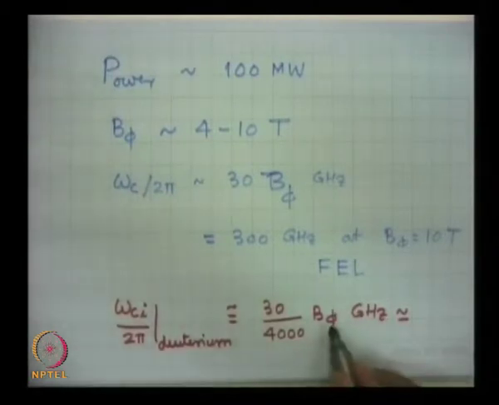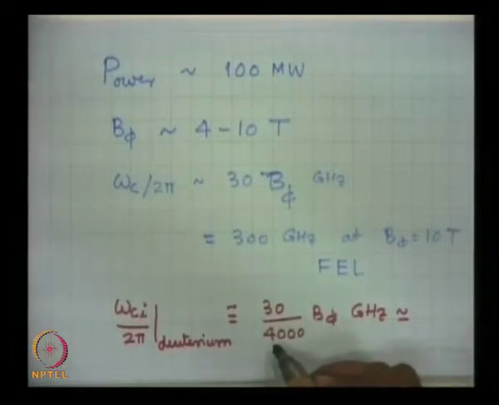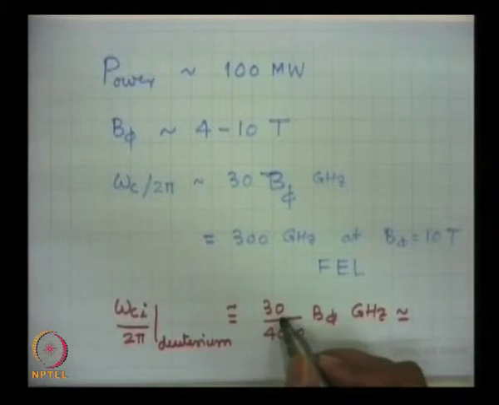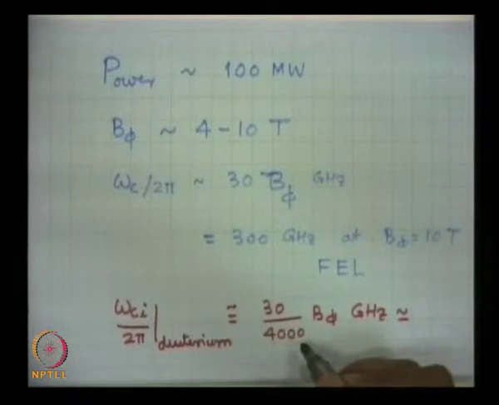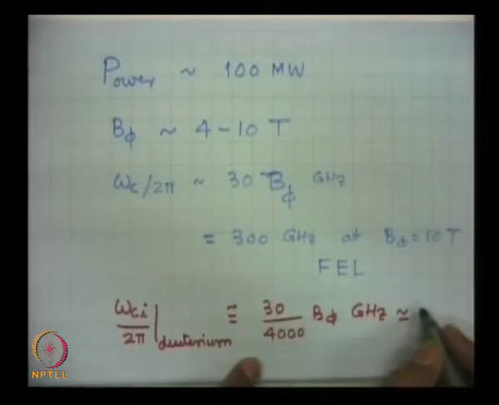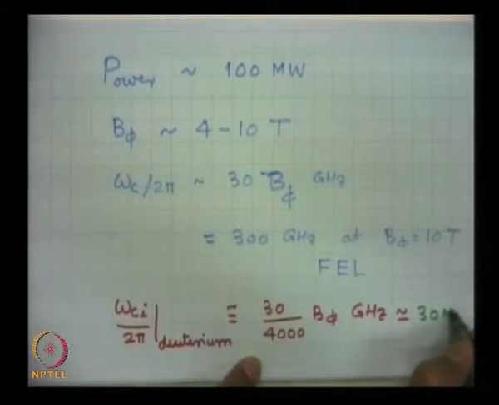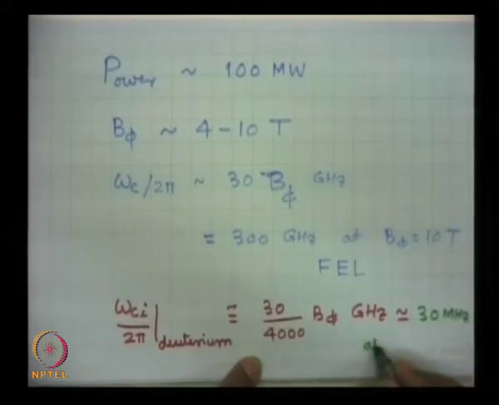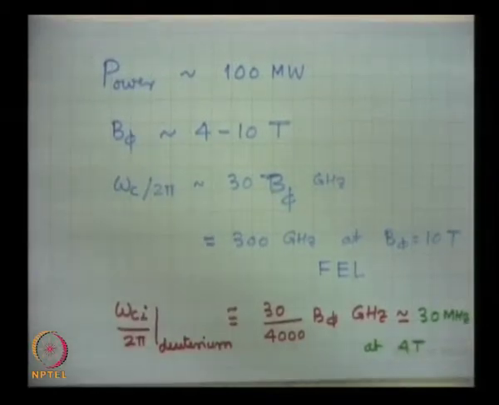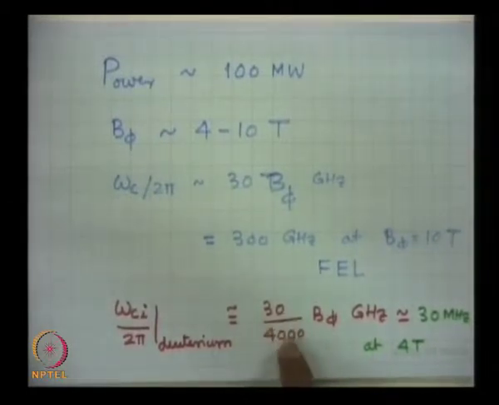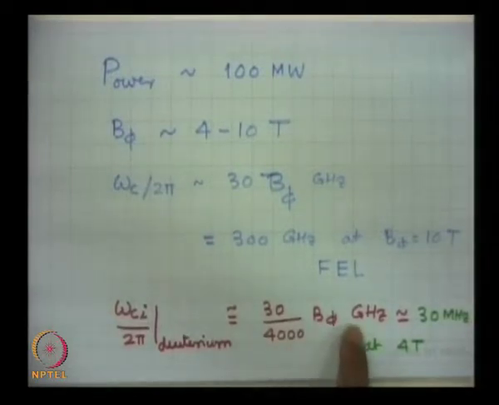Let me call it 4 Tesla instead. At 4 Tesla, the 4 will cancel out with this 4, and this will be 30 divided by 1000. So, 3 by 100 gigahertz, which is 30 megahertz, at 4 Tesla magnetic field, which is right.